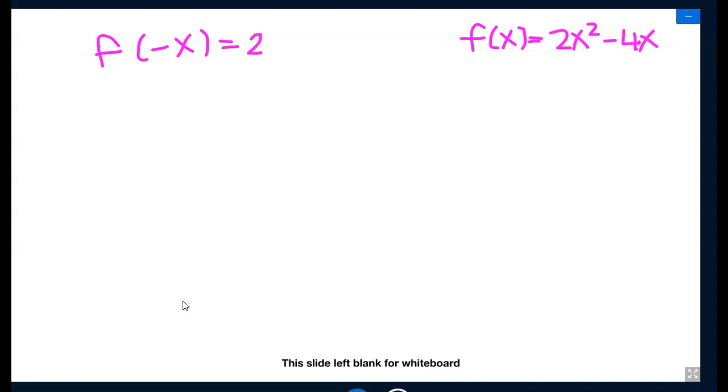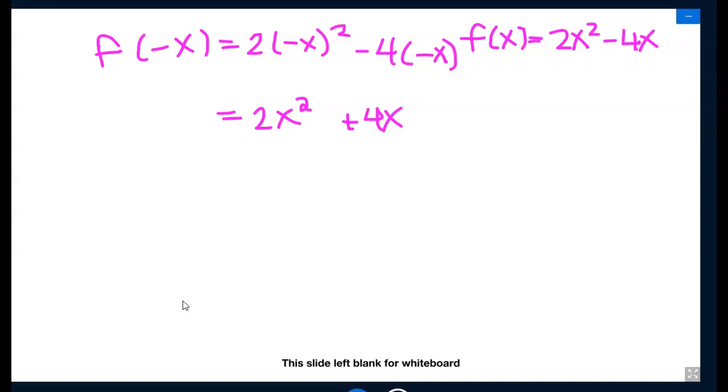So you have 2 negative x squared minus 4 negative x. A negative times a negative is always a positive. If you plug a negative x into the square, it becomes a positive. So you get 2x squared, and a negative is a positive for x.